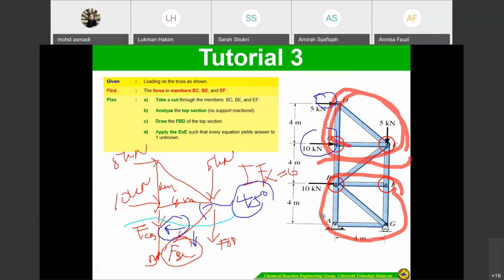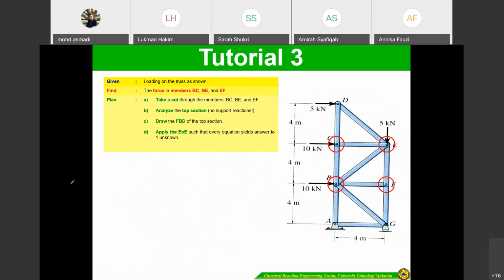And then next, we cannot start with the total Fy in this direction, because there are two unknowns over there.